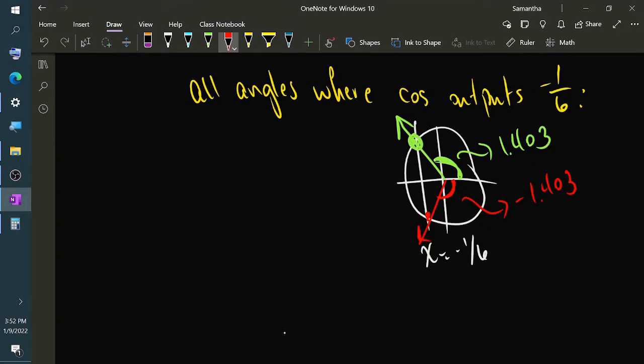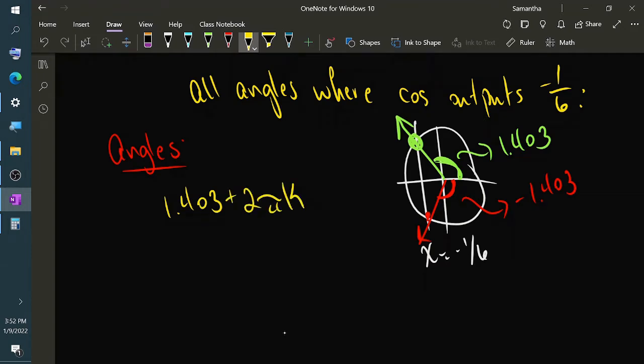So the angles at which cosine outputs -1/6 are given by 1.403, or any coterminal angle to that, or -1.403, or any angle coterminal to that.